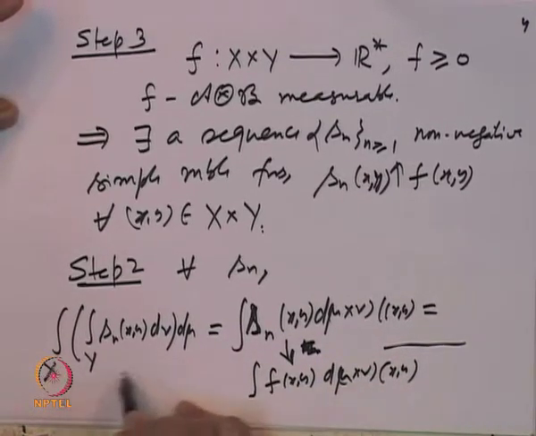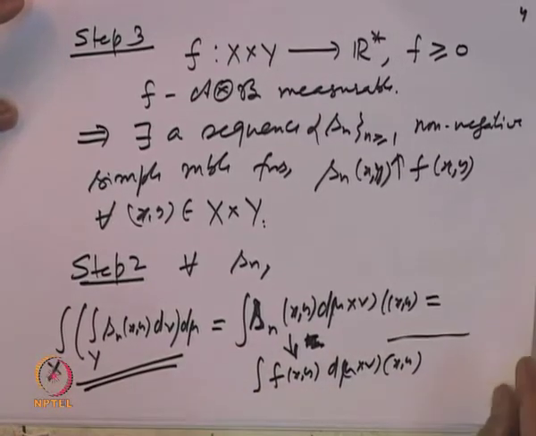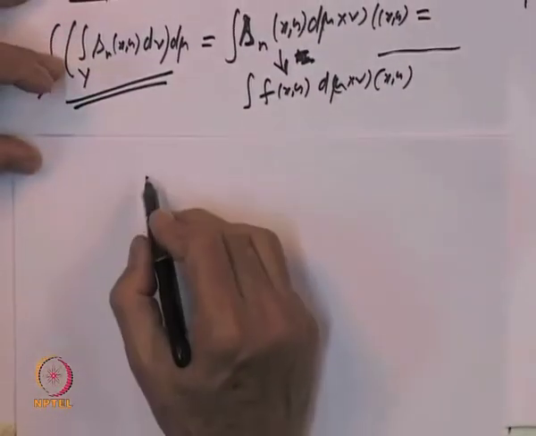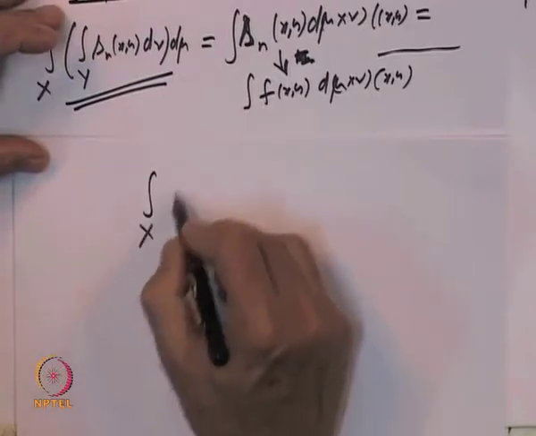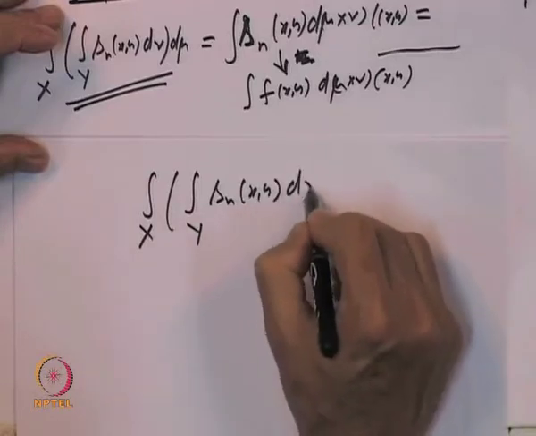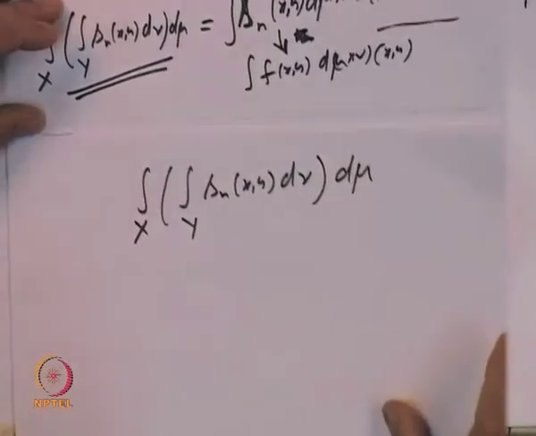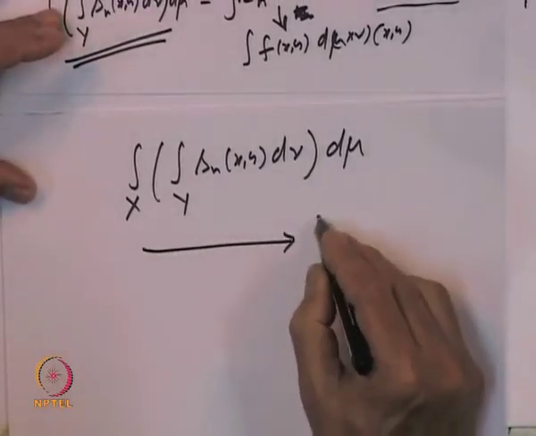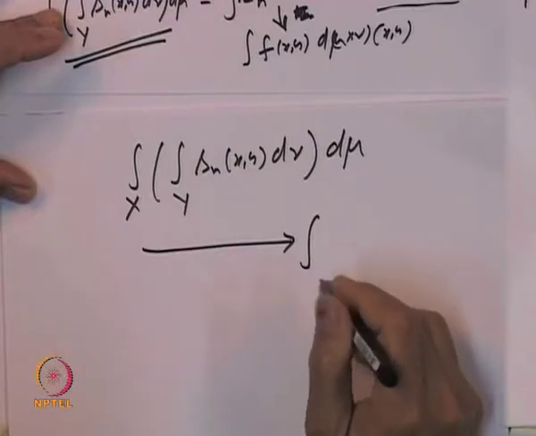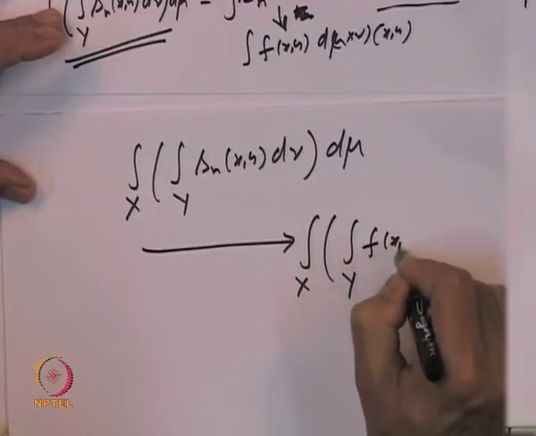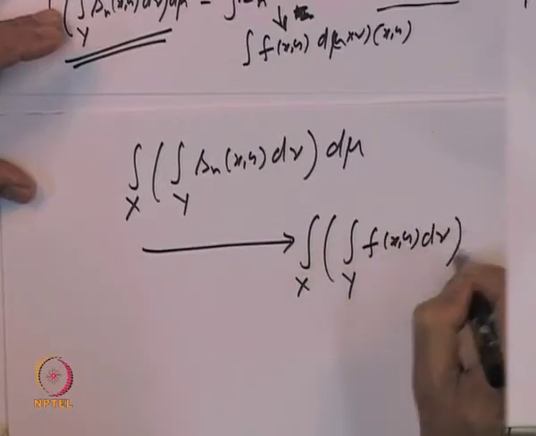On the other hand, we will compute this integral and show it is the corresponding iterated integral of the function f. So, let us look at this: integral over x, integral over y, s_n(x, y) d nu d mu. We claim that this converges to integral over x, integral over y of f(x, y) d nu d mu.